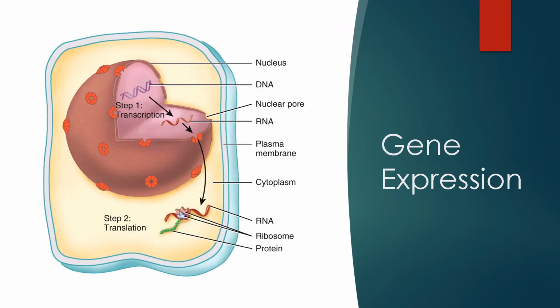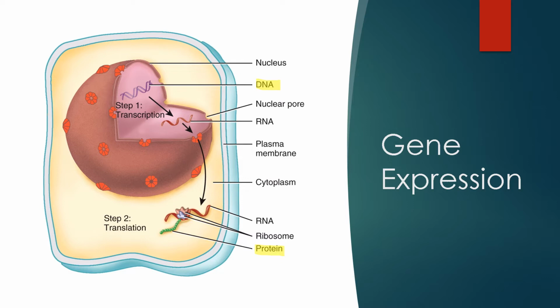Now, DNA encodes for everything in the cells. Pretty much, DNA is the blueprint for all the proteins that a cell needs to survive. Now, in a process called gene expression, the gene's DNA is used as the template for the synthesis of a very specific protein.